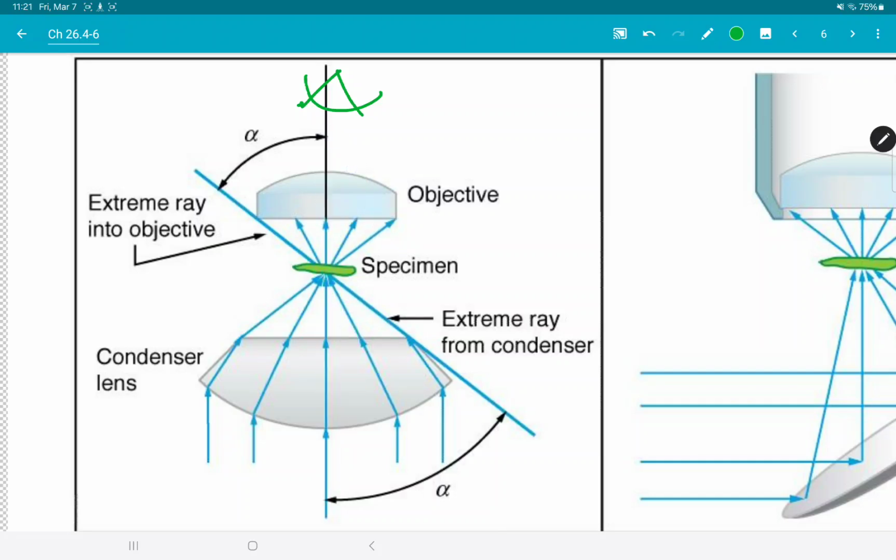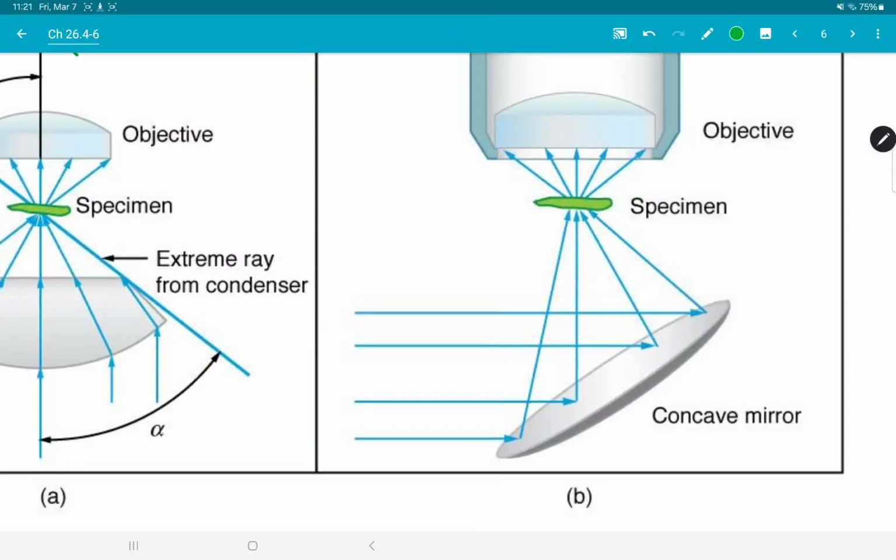It works, but it also limits you. If you're staring into a spotlight, yeah, I can kind of see. Concave mirrors are the next step up, but they still have the same issue. You're still staring into the light. Is it a biology class or a police interrogation? They have you under the spotlight while you're trying to see.